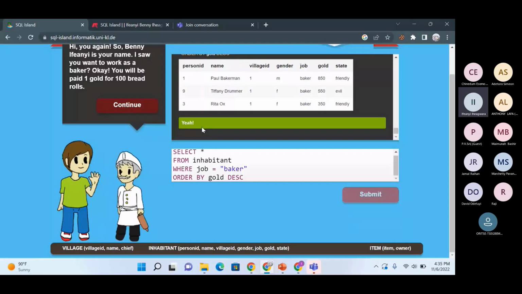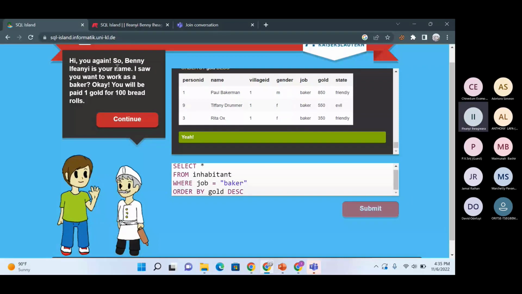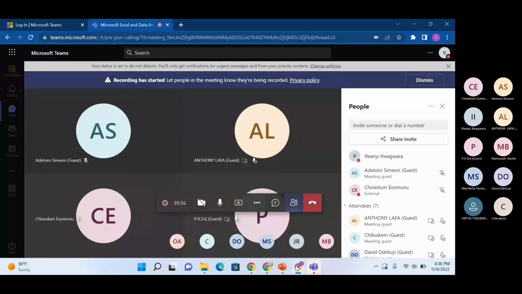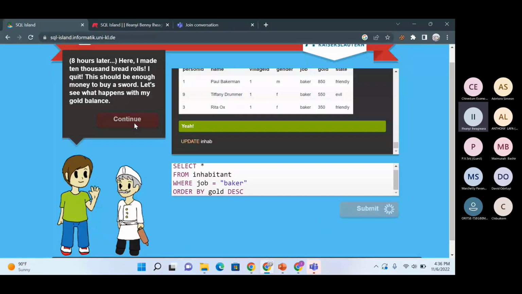So he wants to work as a baker, and he's going to pay 1 gold for every 100 bread rolls. That's a lot. Okay, so the next thing we're going to do is update and set the gold to gold plus 100 minus 50.